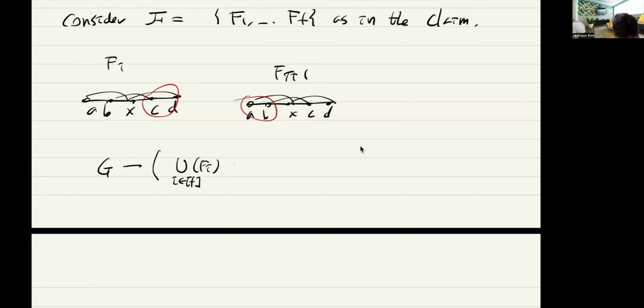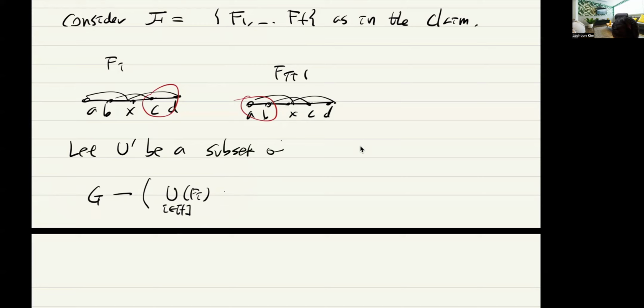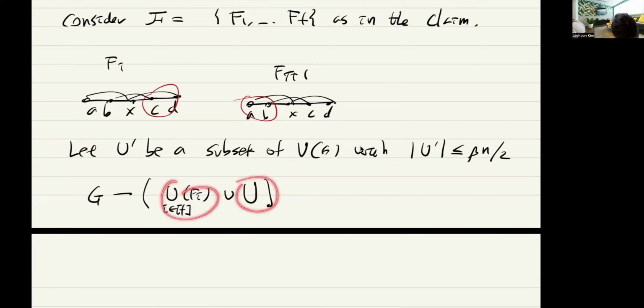What you do is, let's say, U prime be a subset of the vertices of size at most beta n over 2. Then you delete this U and all the vertices where.